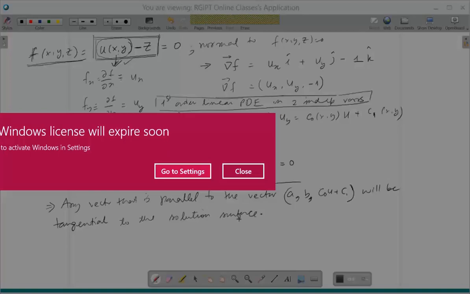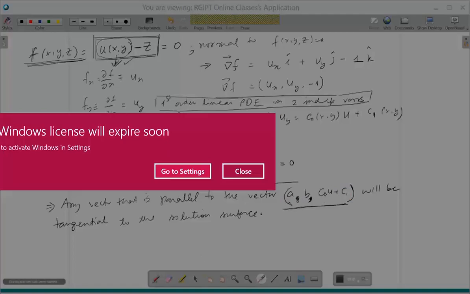Once you have constructed the solution surface, if I can identify any vector parallel to these numbers, remember these numbers will change as you change x and y: a will change, b will change, c0, u, and c1 will change.